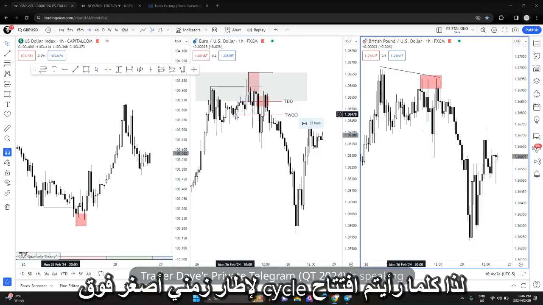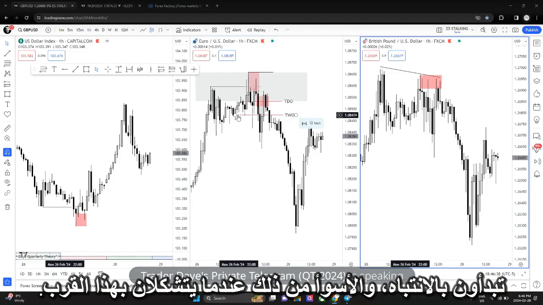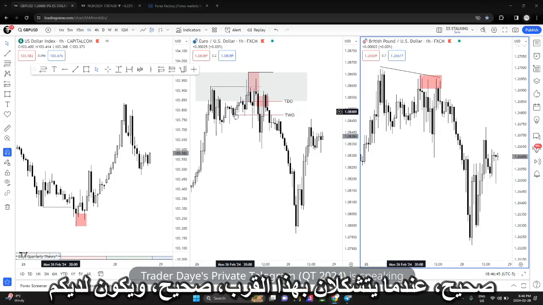So whenever you see a lower time frame cycle's true open form above or below the higher time frame cycle's true open, right? You start paying attention. Even more so when they form this close in proximity, right?